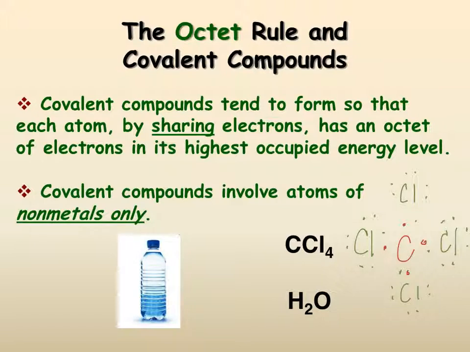If I circle the chlorine with all of its electrons and the one that carbon is sharing with it, it now has 8 valence electrons. Same thing if I circle the carbon with all of its valence electrons and the one shared by the chlorines. Now carbon has 8 valence electrons, so we're fulfilling that octet with the sharing.